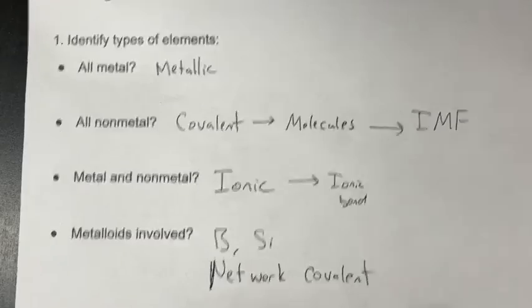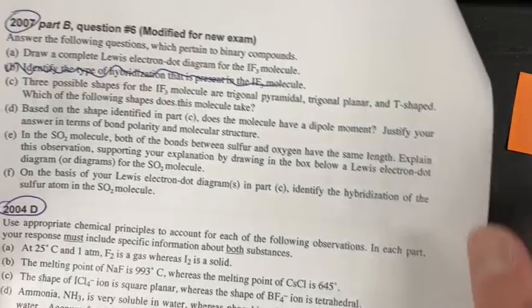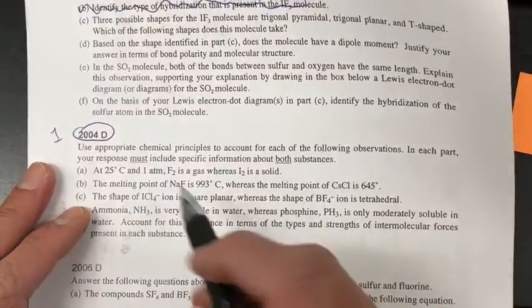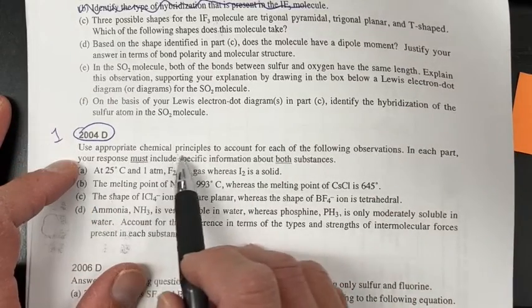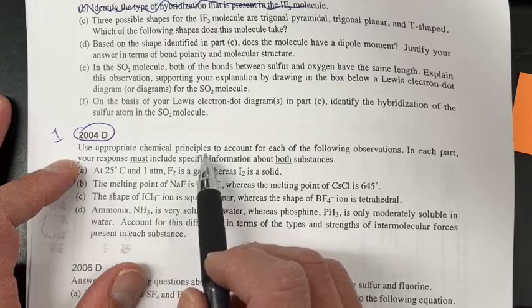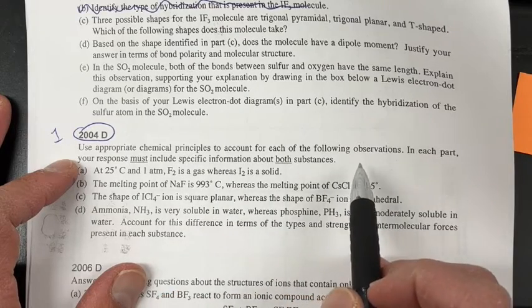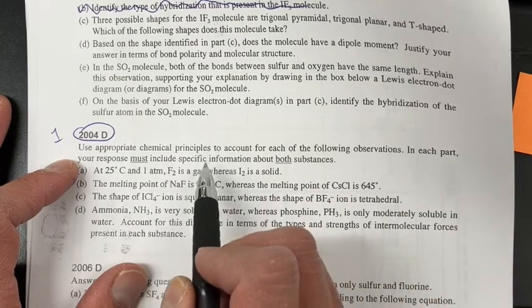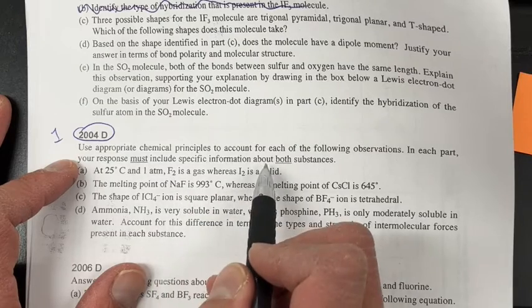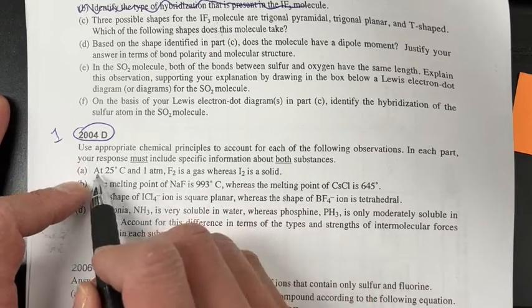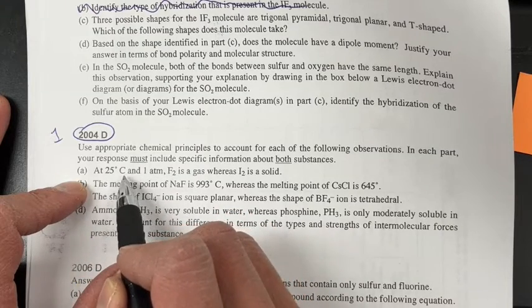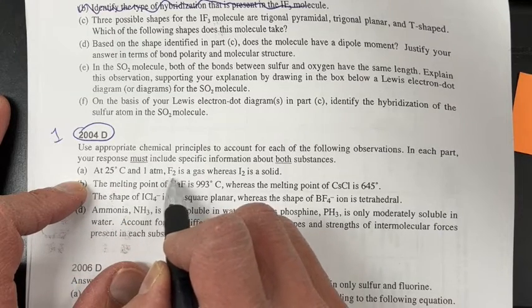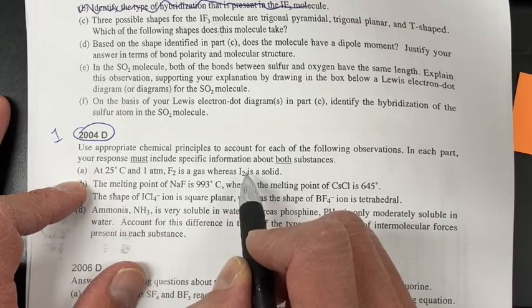I have this problem from 2004. This is a sample problem, and it says, using appropriate chemical principles, account for each of the following observations, and talk about both substances. So let's go through each of these. A: at 25 Celsius, F2 is a gas, whereas I2 is a solid.